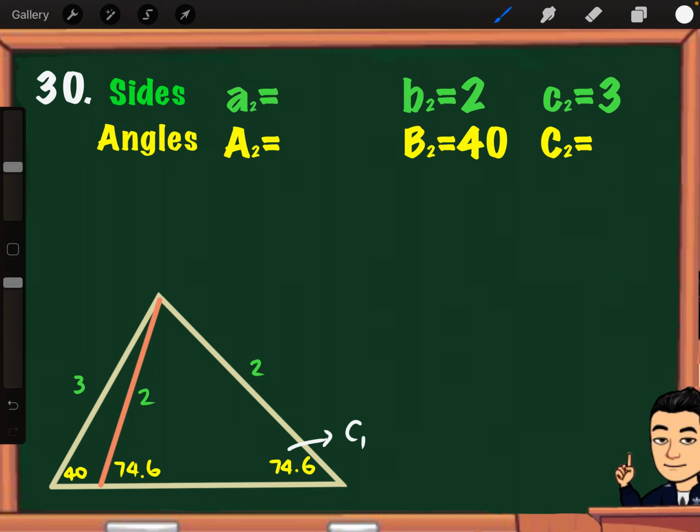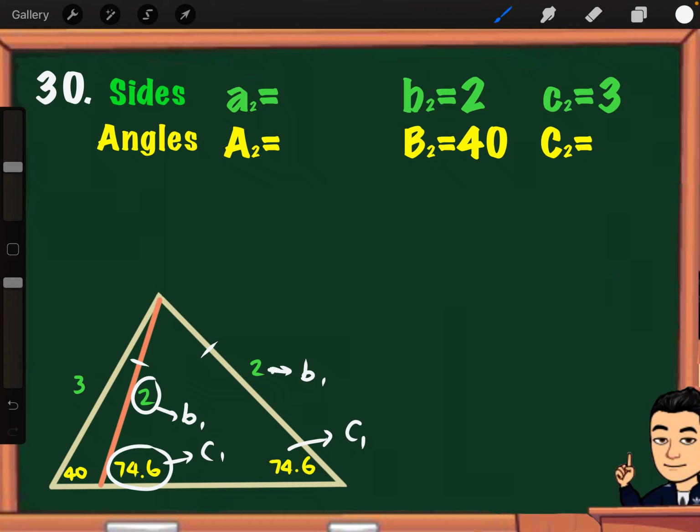Which means that side B1, this is side B1. You want to set the one in the middle. Think of it as an isosceles triangle, so this is also going to be the same measure. So this is going to be your angle C1.